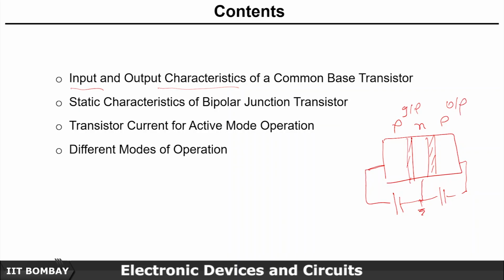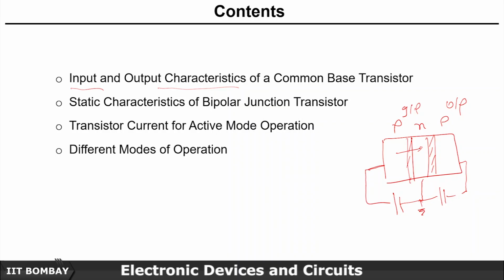Then we will talk about the static characteristics of the bipolar junction transistor, especially in terms of the minority charge carriers. We will also talk about the transistor current, because these minority charge carriers diffuse from the P to the N side. Similarly here. So, we will calculate these diffusion currents, and then we will talk about the different modes of transistor operation.